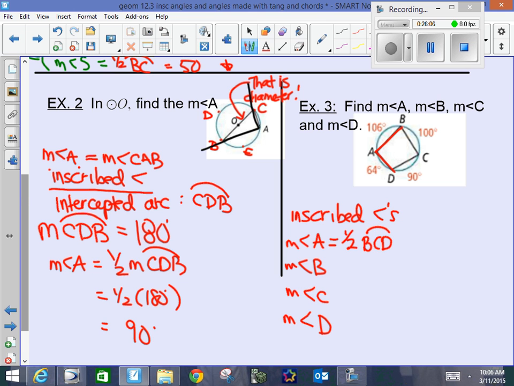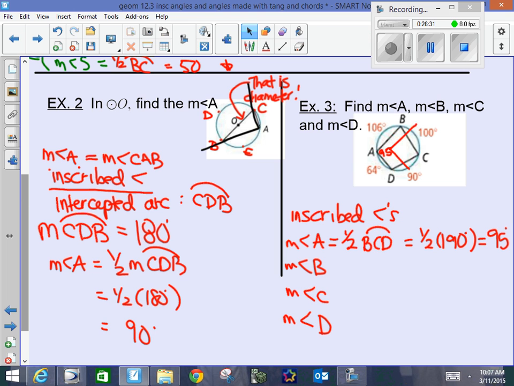And what is the measure of BCD while we're here? 190. So half of 190 is 95. Great. I'm going to go ahead and put 95 in there, even though it's big.